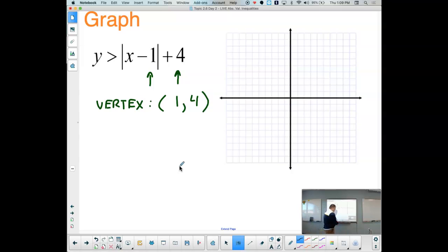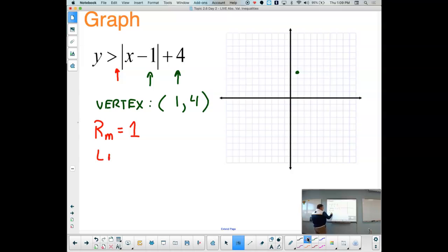So we are going to then plot that point. And so 1, 4 is 1, 2, 3, and 4 right there. Okay. So there is our vertex. The right side slope is going to be this coefficient right there. So that's a positive 1.